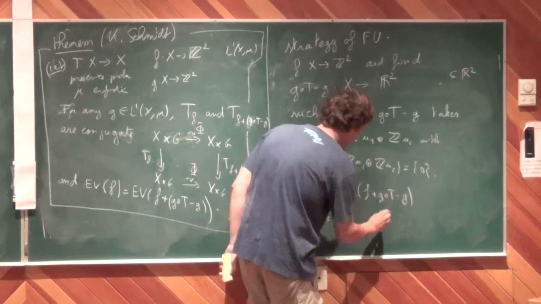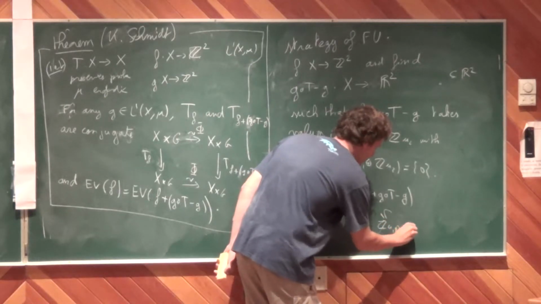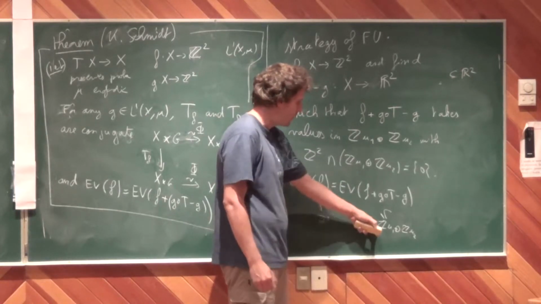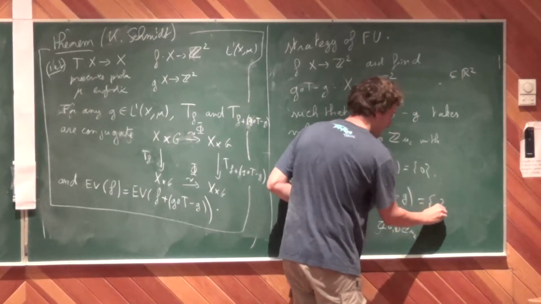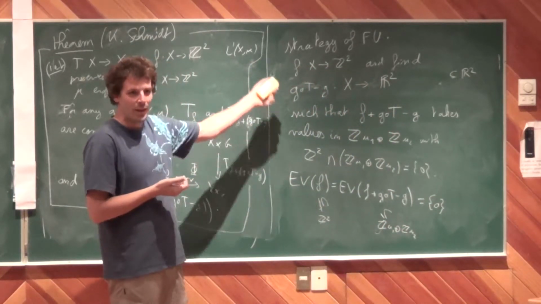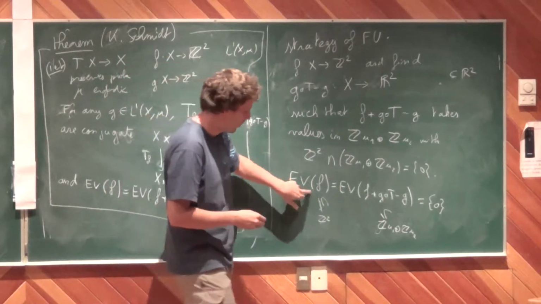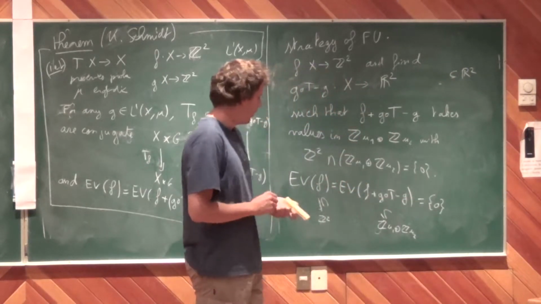So this group here is contained in Zu1 plus Zu2. Because they have equality, it must belong to the intersection, but the intersection is 0, so my only essential value should be 0. So this is where the magic operates, because this somewhat abstract stuff tells you that you do not have any essential value.